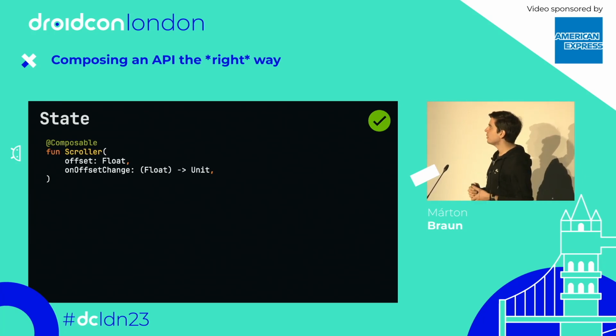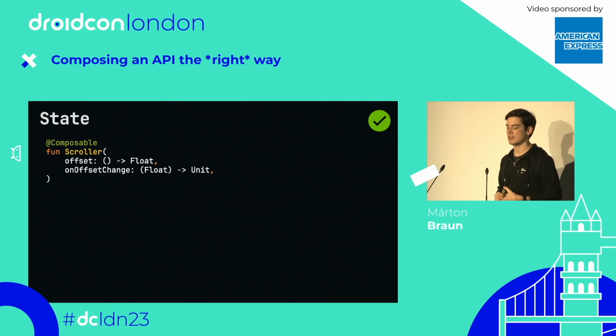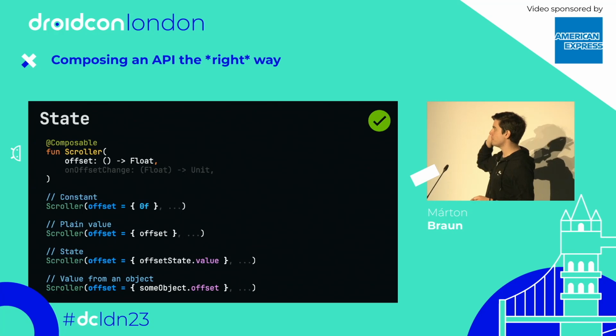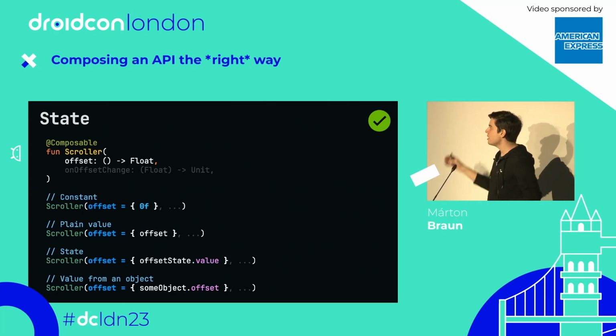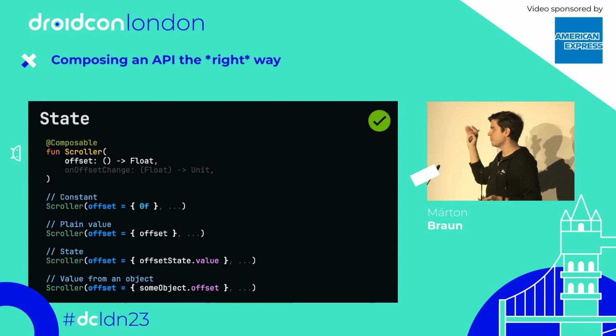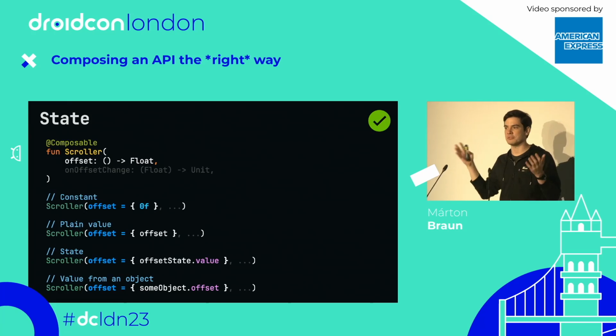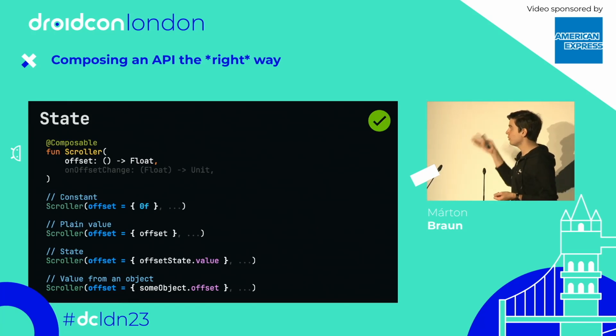Something that you can consider other than plain values is using functions that will produce specific values. This allows a lot of flexibility on the call side. So for example, we could make all of these calls to this component now. We could provide a constant value or a plain value that we have from somewhere. We could read a state object. We could read some other object that's backed by composable state. Like we could produce our value however we want. And all of these would now work.